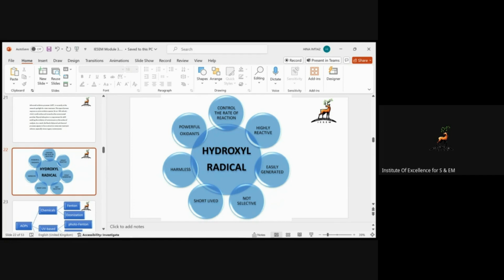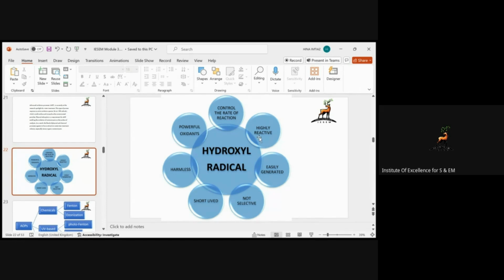Okay, I will tell you that hydroxyl radical is a very powerful oxidant. It basically has the ability to oxidize that contaminant, and that hydroxyl radical has the ability to control the rate of the reaction, and it is highly reactive.